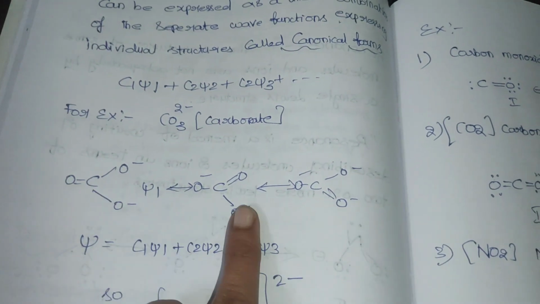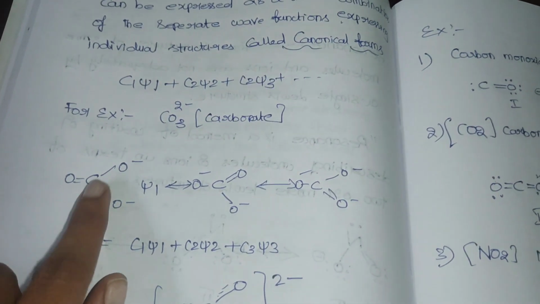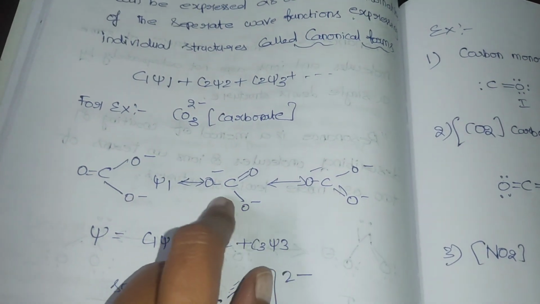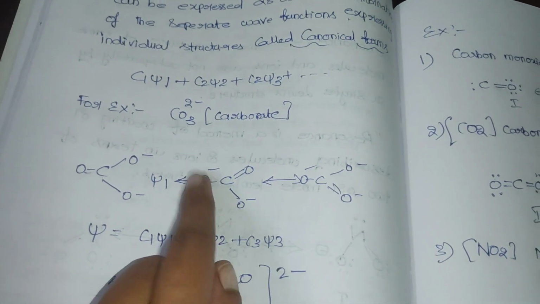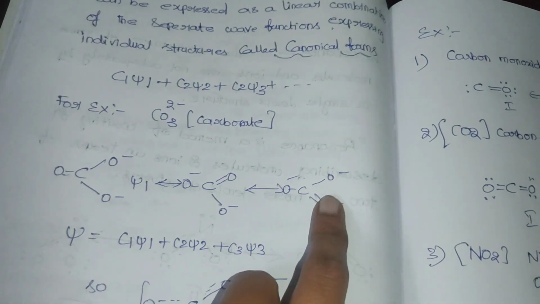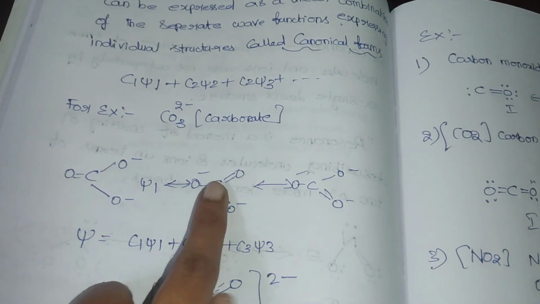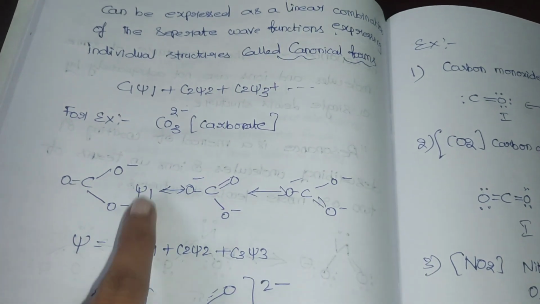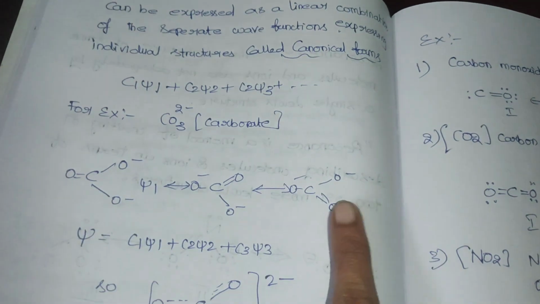CO3 2-: the first possible structure has a double bond here and negative charges on these two oxygens; again a double bond here with negative charges on the other two; and a double bond here. So three resonance structures are formed. These are three canonical forms, Psi1, Psi2, Psi3.